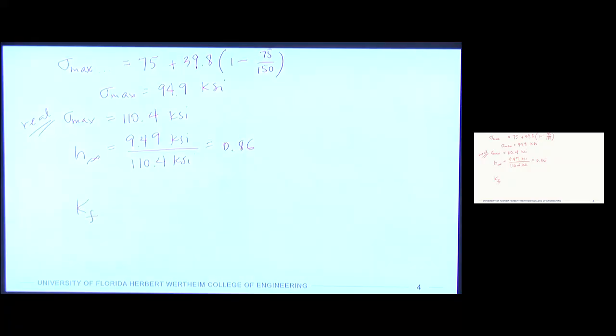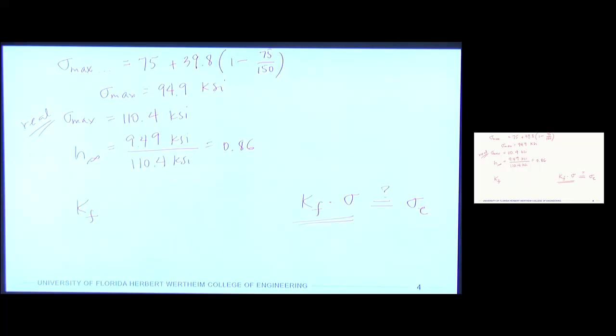You'll recall from just a conceptual understanding that the KF is multiplied times our stress, and then if we are doing a fatigue problem, we're going to compare that in some kind of way to a stress from the SN diagram. So that could be like the endurance limit or something like that. From a conceptual standpoint, this is how we always think about it. And so in this way, this fatigue stress concentration factor modifies the stress that we actually have in our component.